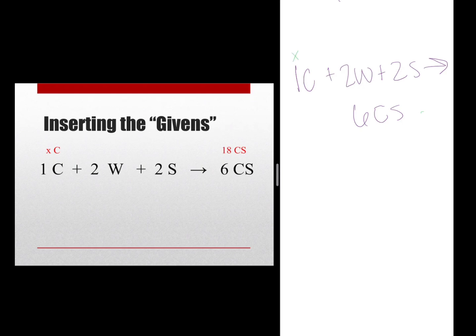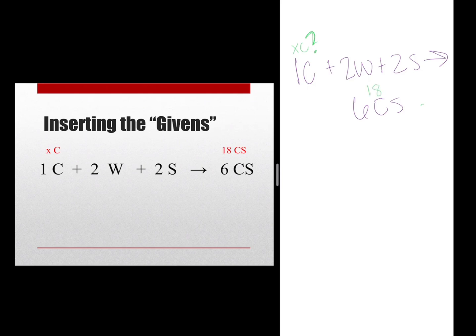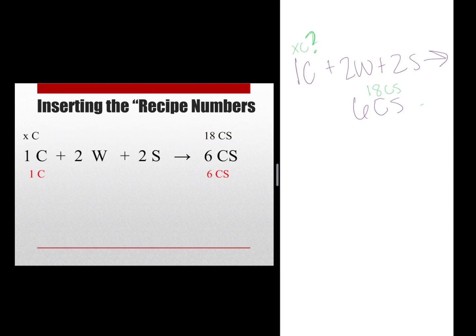So I'm looking for pounds of cranberries, which that original equation said I need 1 pound, but we need to figure out how many pounds we need for 18 people. So we can put our 18 over our 6, because that's the same thing. And we're going to put our ratios or the numbers that we know on the bottom.